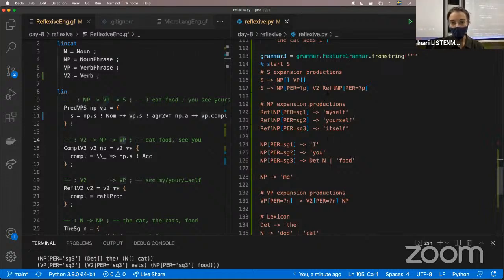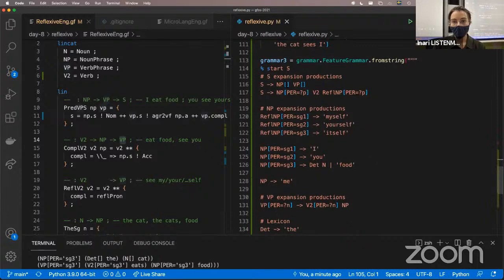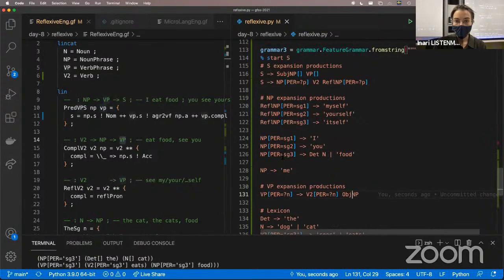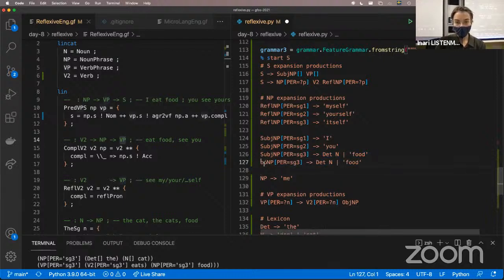I'm gonna split this into subj NP and obj NP. So I and you are only subj NPs. Now these can be both subj and obj. So subj NP and obj NP.